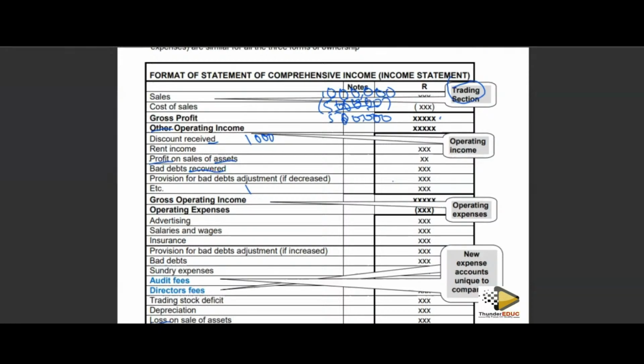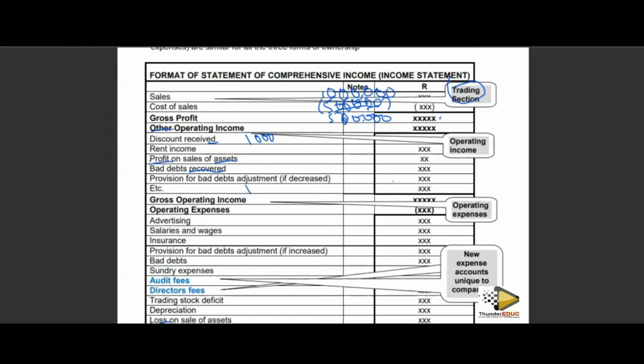It was for last year, and last year we had written it off to say no, they will not pay. Should we refuse the money when they come and pay? No, it will fall under other income, and we say bad debts recovered, because we are recovering this income from our debtors.